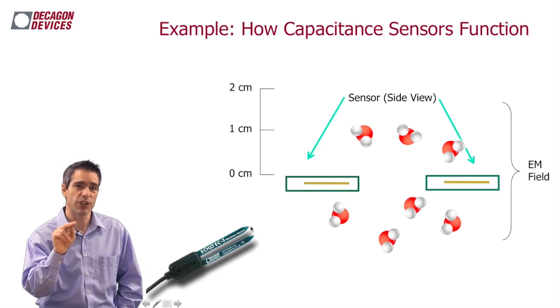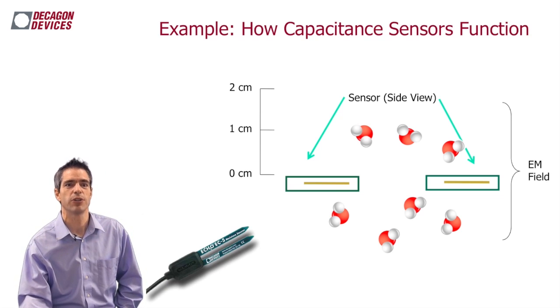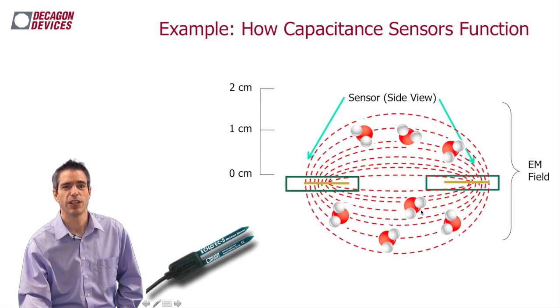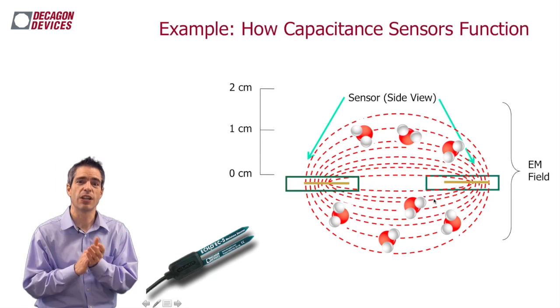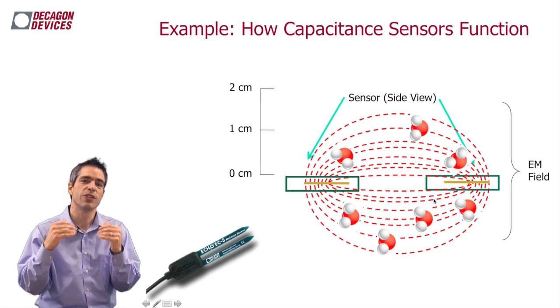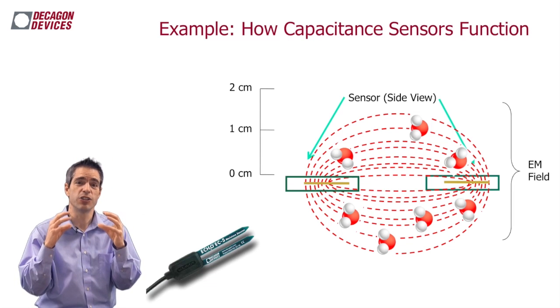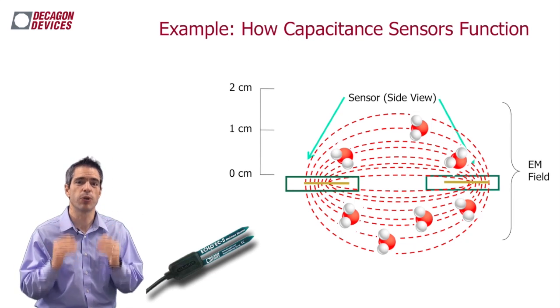We have those now sticking in the soil where we have water around them. And if we produce an electromagnetic field in this soil and water, the water molecules surrounding the probes will actually line up in that field and briefly store some of the charge that we produce in the soil.